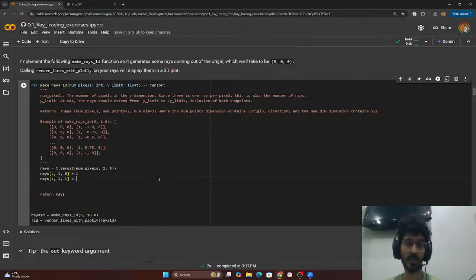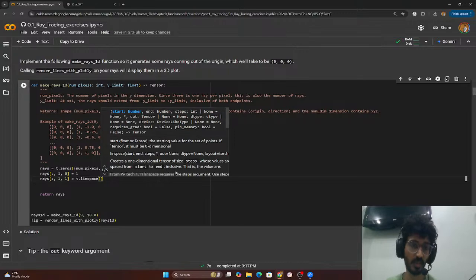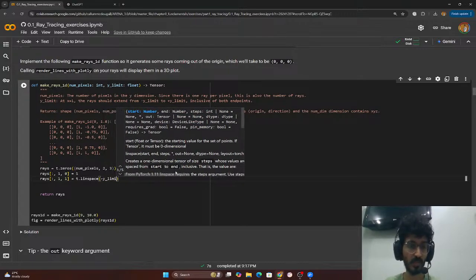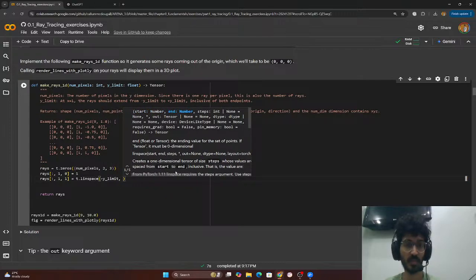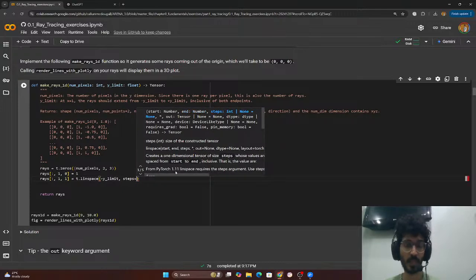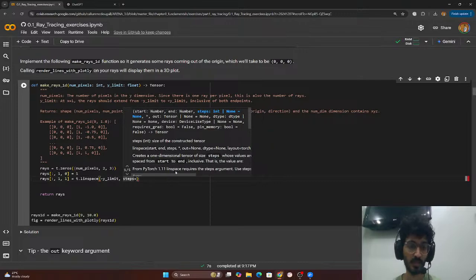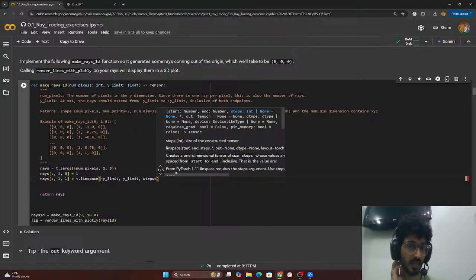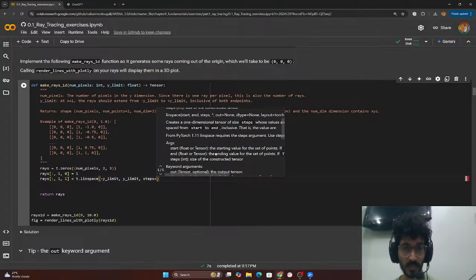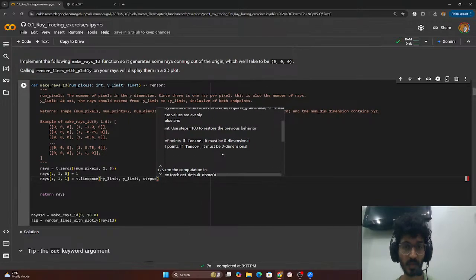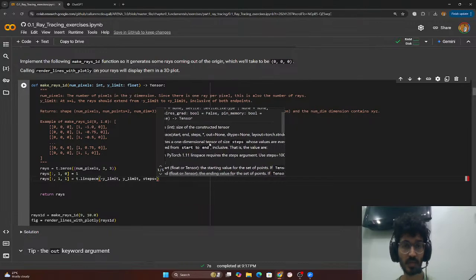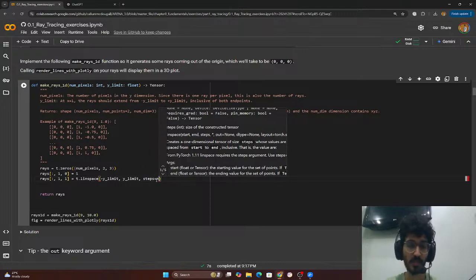So start would be minus y limit, end would be y limit, and steps would be num pixels.